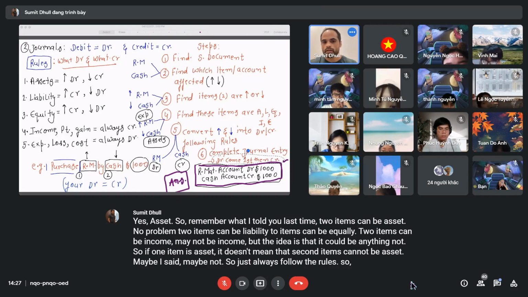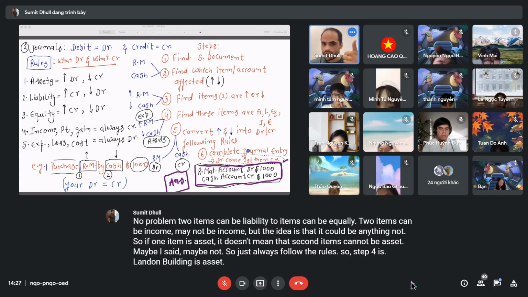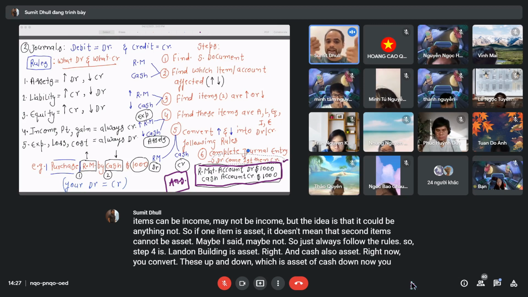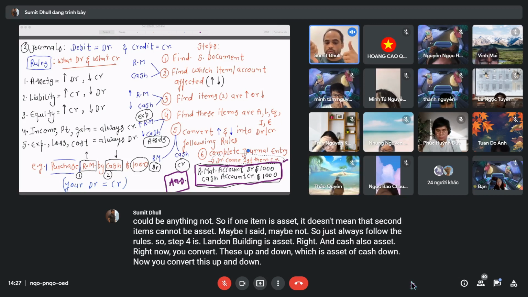So step 4 is land and building is asset, right? And cash also asset, right? Now you convert this up and down, which is asset up, cash down, into debit and credit.